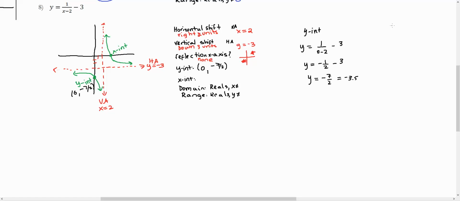X-intercept. Now, you gotta look at the videos and you gotta pay attention, for the x-intercept, we're solving for x, so the function equals 0. 1 over x minus 2, minus 3. We're gonna add 3, and we did this in class. You can also watch the videos and review, they give you 2 particular examples on this. We have x minus 2 in the denominator, so we're gonna multiply both sides by x minus 2.